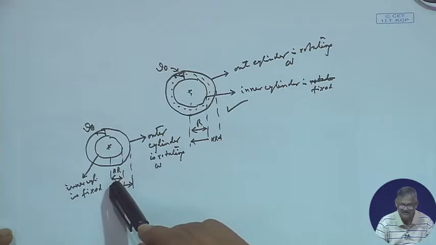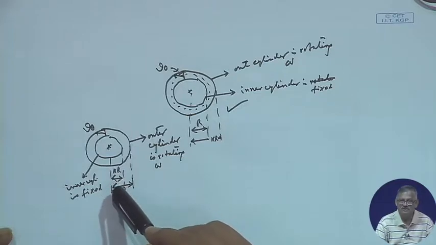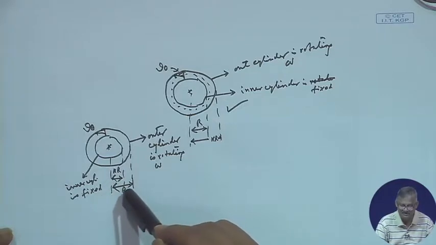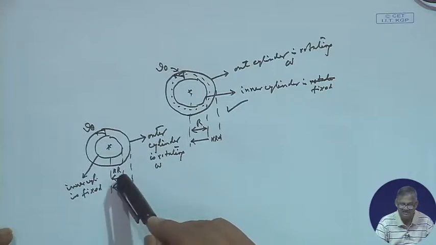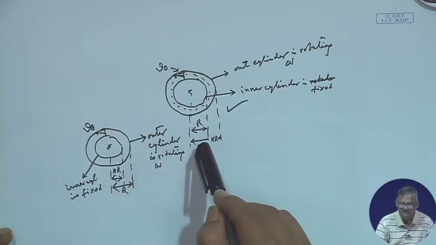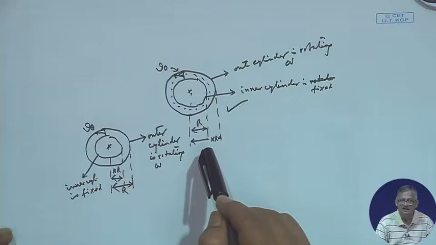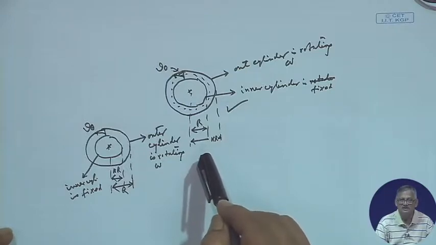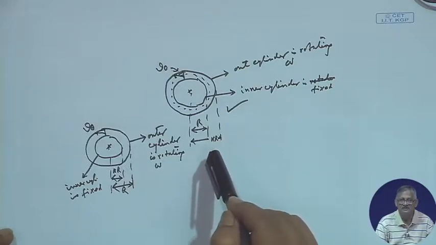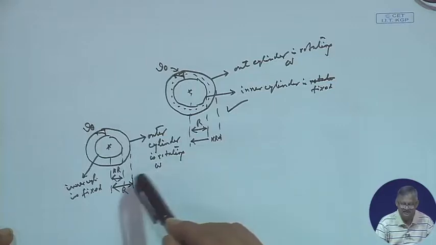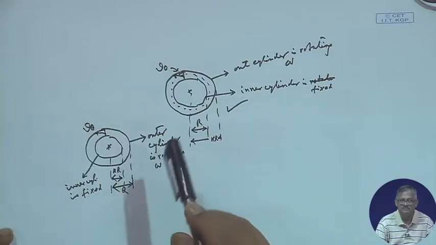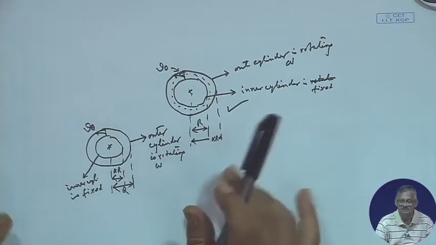In this case, the inner radius is a multiple k of R which is less than 1. All other things remain the same.